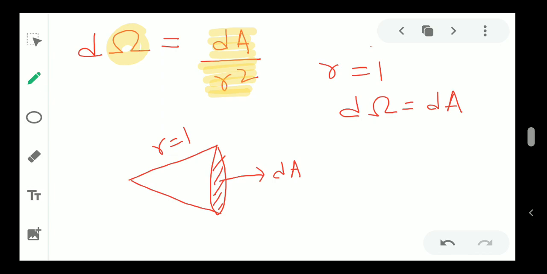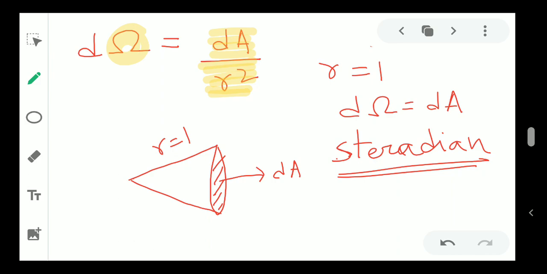So solid angle for a conical section will be the area of exposure if I take the radius to be 1. Now what is the unit of solid angle? Steradian. You know that in 2-dimensional the angle is radian, right? So this is called steradian. So how to define one steradian?